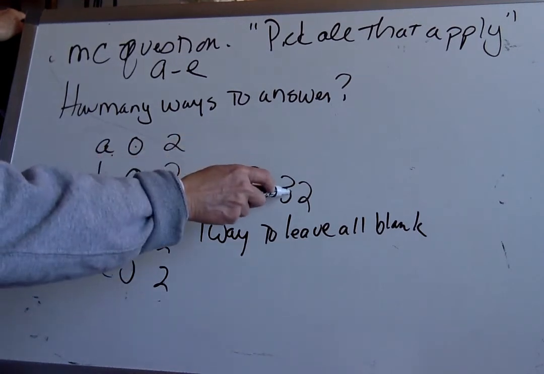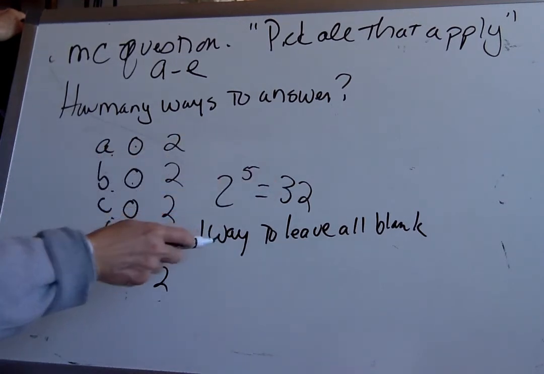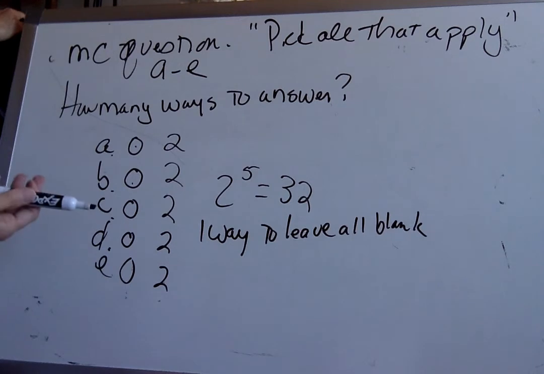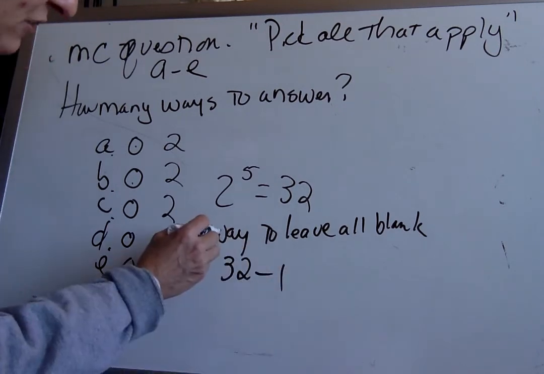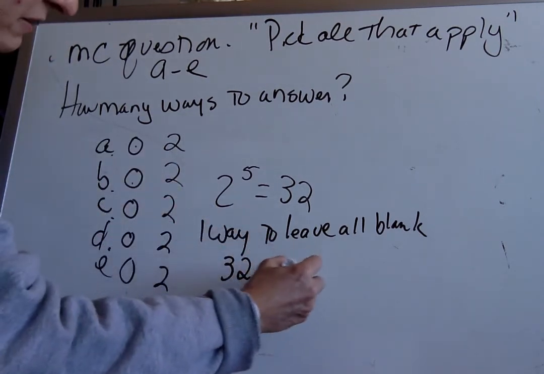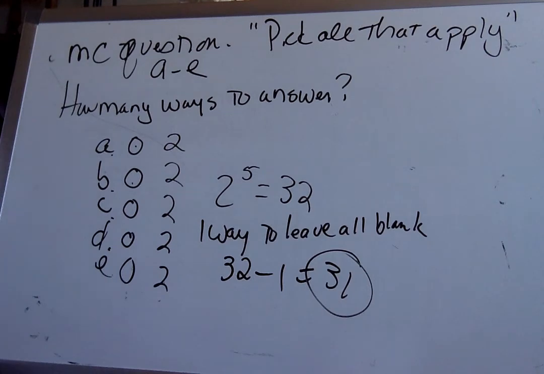So that 32 does include the one way that you don't circle anything, kind of like putting no toppings on your pizza. So at this point, we do have to subtract off that 1 because we know that doesn't make sense. There's your 31.